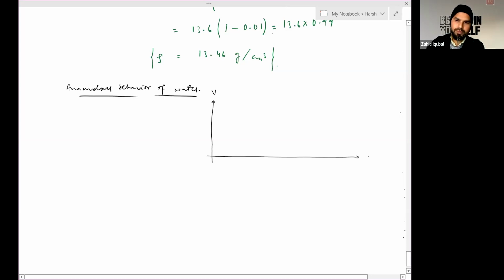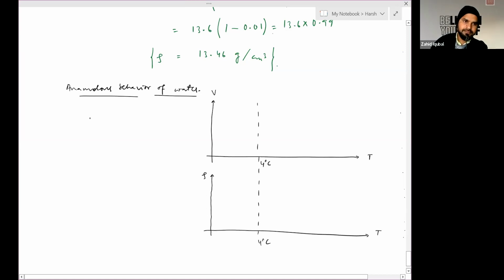This is volume versus temperature, and this is the corresponding density versus temperature. Let's say this is 4 degrees Celsius. So from 0 degrees Celsius to 4 degrees Celsius, volume will decrease and density will increase.